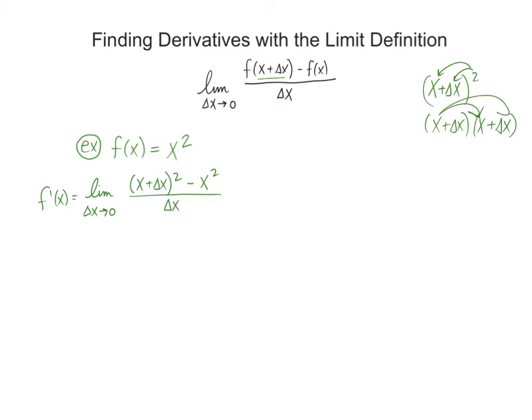We're going to multiply these two binomials. So when I do that, I get x squared plus 2x delta x plus delta x squared. I combined that outer and inner in one step. Each one of those was x delta x, so I put those together to get 2x delta x. So I just did that off to the side to keep my steps simple over here.